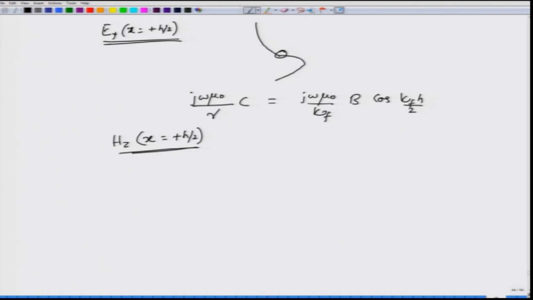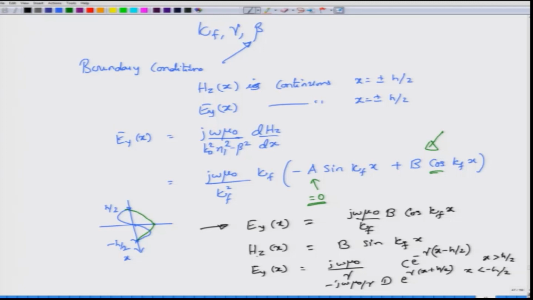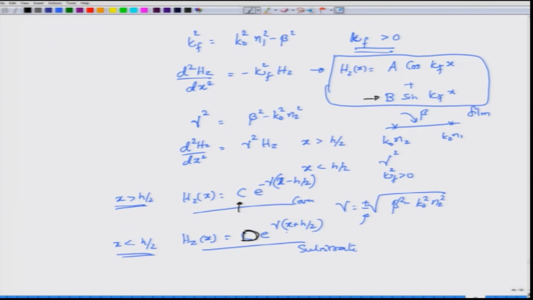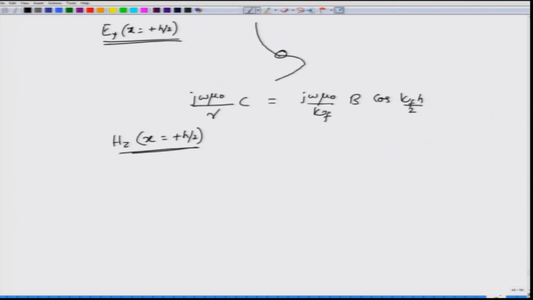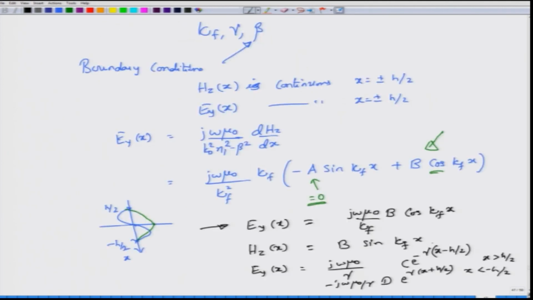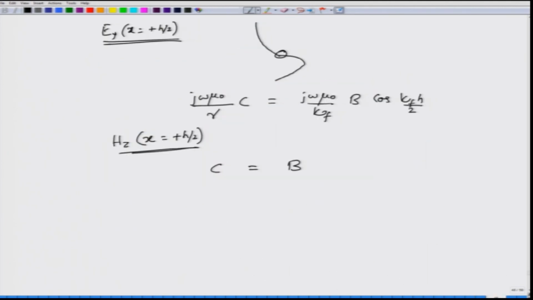Coming in from the evanescent or cover side, Hz at x equal to h by 2 would be c, which will be equal to b sin kappa f h by 2 coming in from the film side. So, I have these two equations.